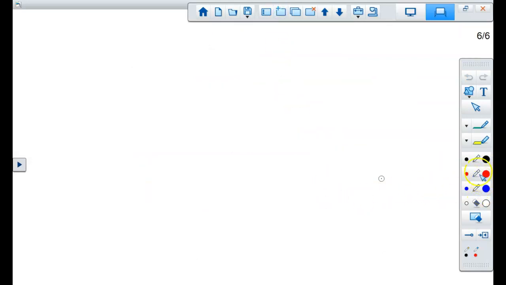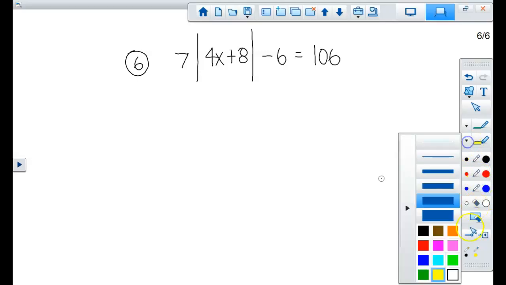All right, let's do one last problem. 7 times the absolute value of 4x plus 8, minus 6, is equal to 106. All right, what are you taking the absolute value of?